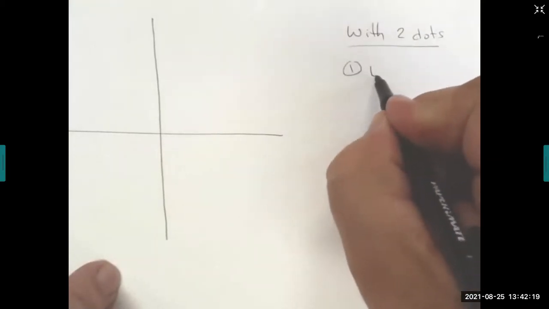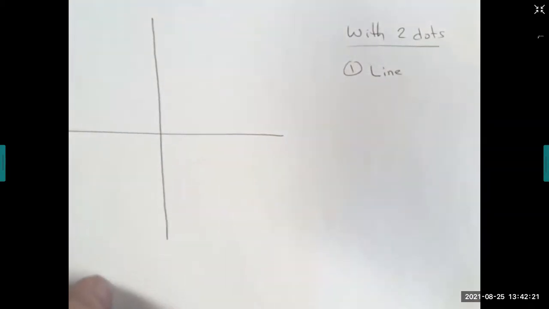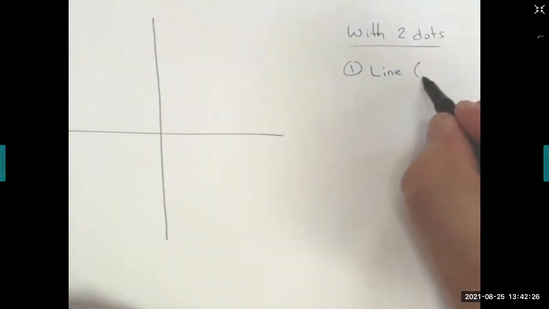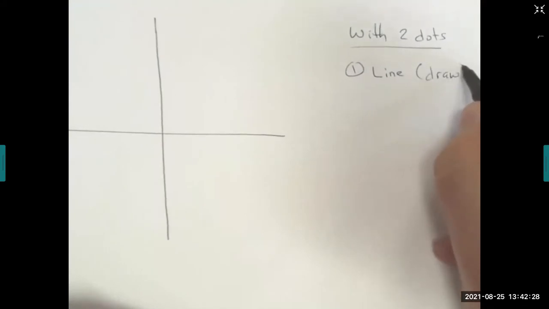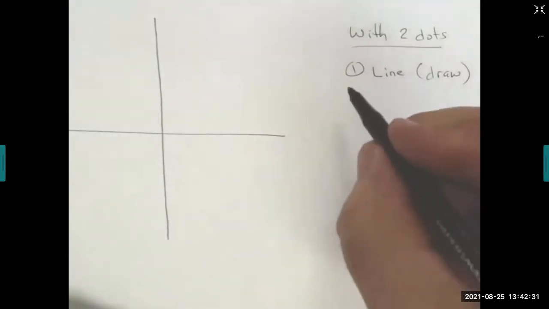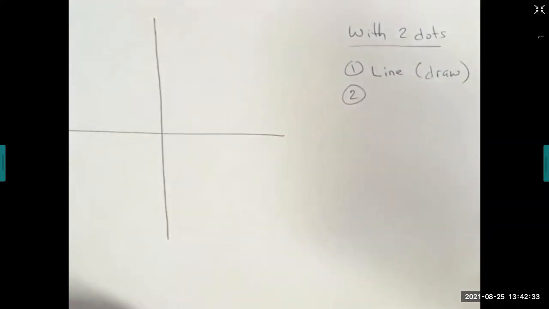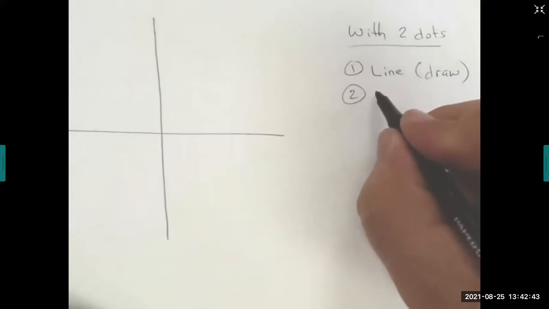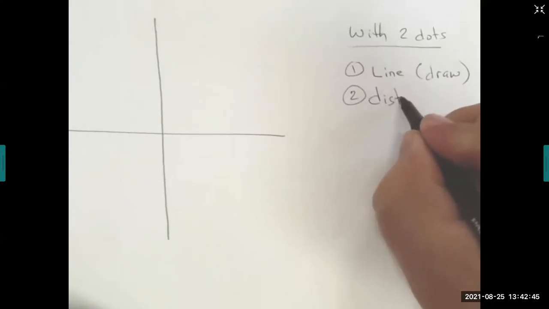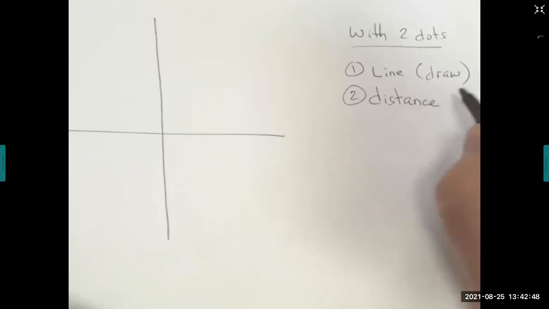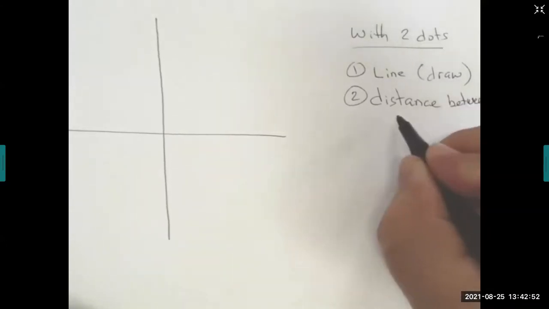Okay, you say we'll find a line. Yes, we can draw a line, but we can't find a line just yet. We can draw a line through those 2 dots. But what can we find? We can find the distance between the 2 points.